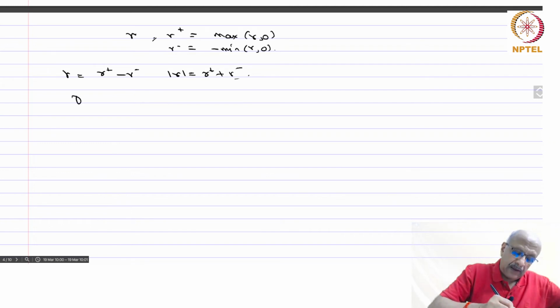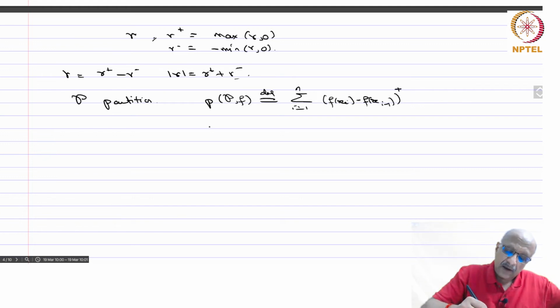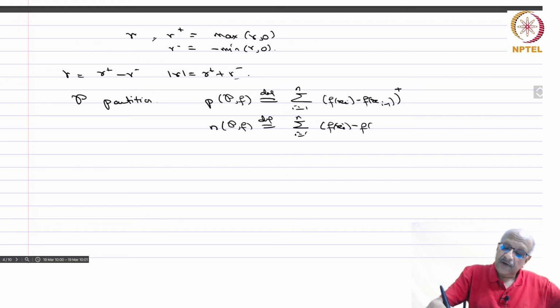Okay, so now P a partition, and you define P(P,f) as the sum from i equals 1 to n of [f(x_i) - f(x_{i-1})]⁺, and then N(P,f) as the sum from i equals 1 to n of [f(x_i) - f(x_{i-1})]⁻.